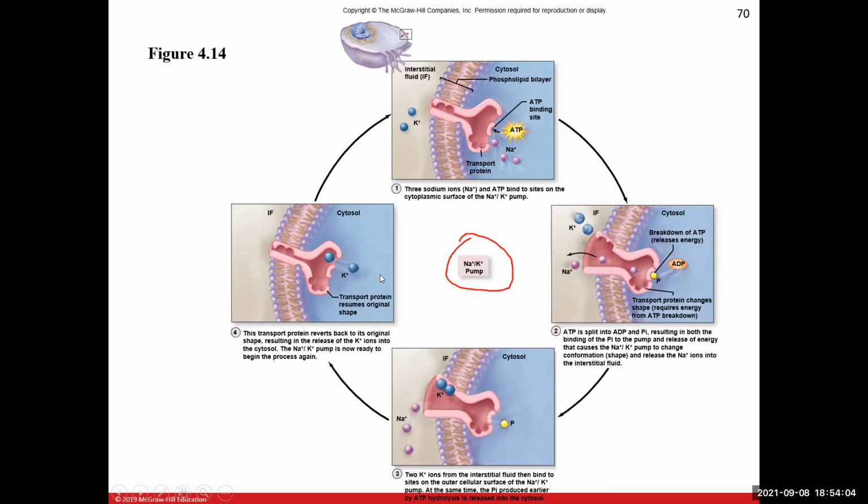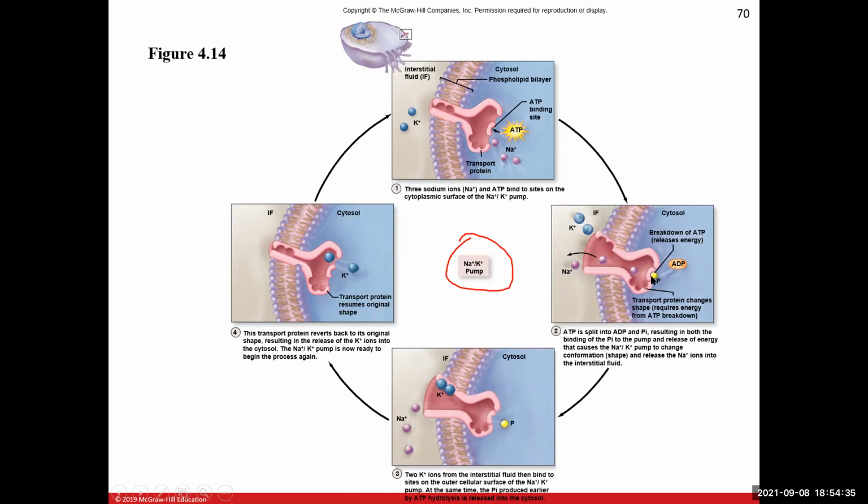I'll get into more of the details on that. But basically, this utilizes ATP. The ATP molecule will attach itself onto the ATP binding site of the pump. And when it does that, it causes the pump to change shape, and that allows the sodium to leave the cell. And then as a result of the shape change of the pump, the ATP molecule loses one of its 3 phosphates and it turns into ADP.